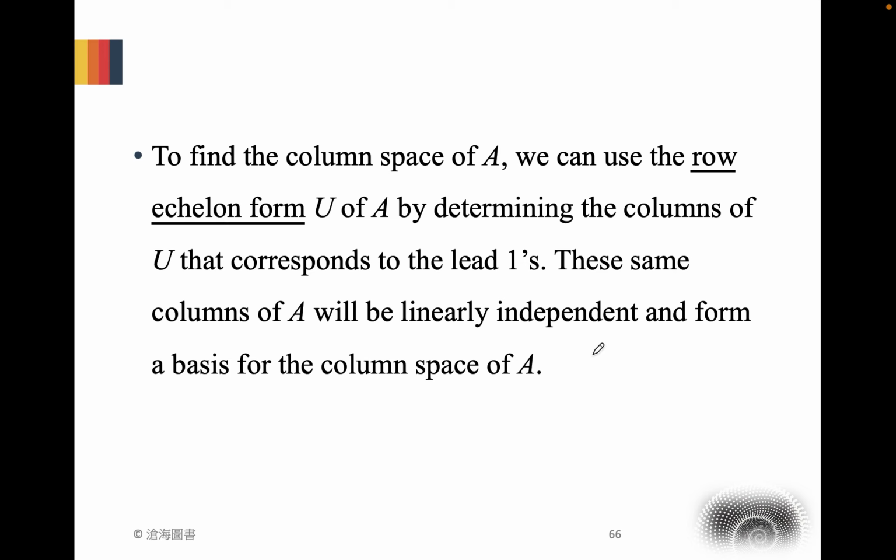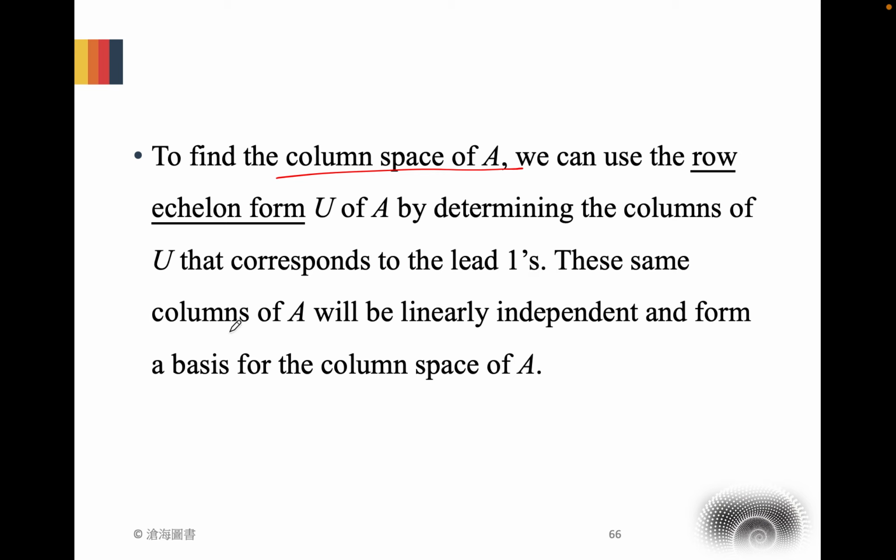To find the column space of A, we can use the row echelon form U by determining the columns of U that correspond to the leading ones. We just take the columns that correspond to the leading ones.